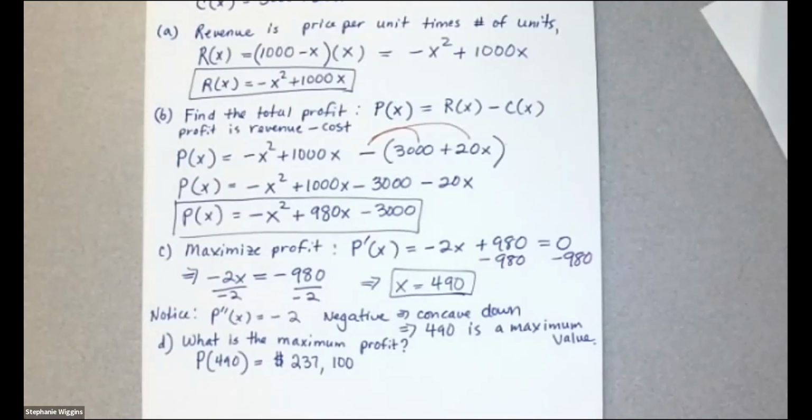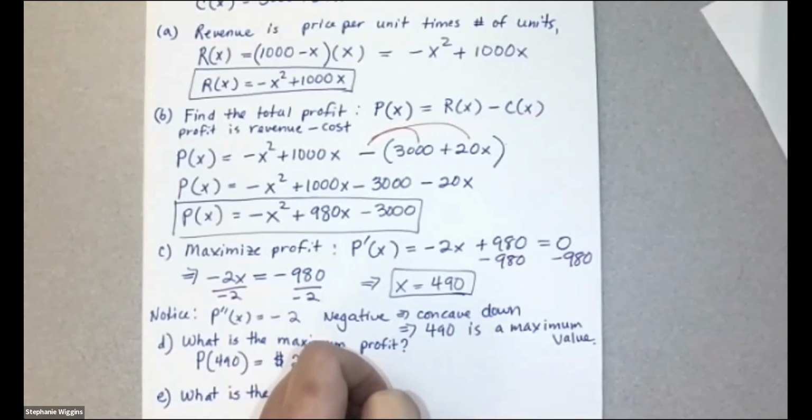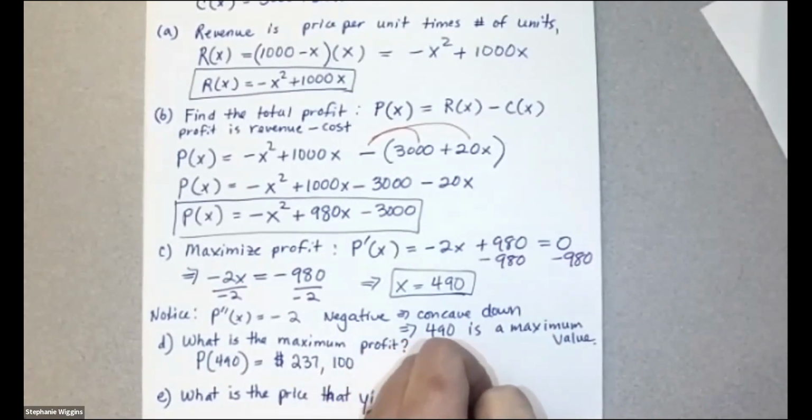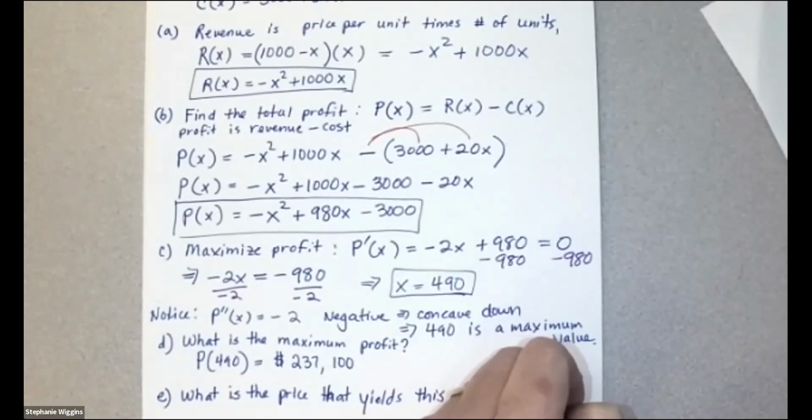Okay. Finally, part E, we want to know what is the price that yields this maximum profit? Well, X is 490.